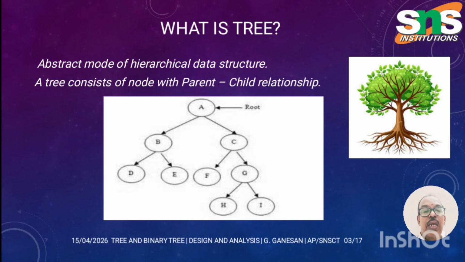Here A is the top element of the tree, so it's called as a root node. So a root node has children but no parents. Have you understood what is the natural tree and a tree in binary data structure?